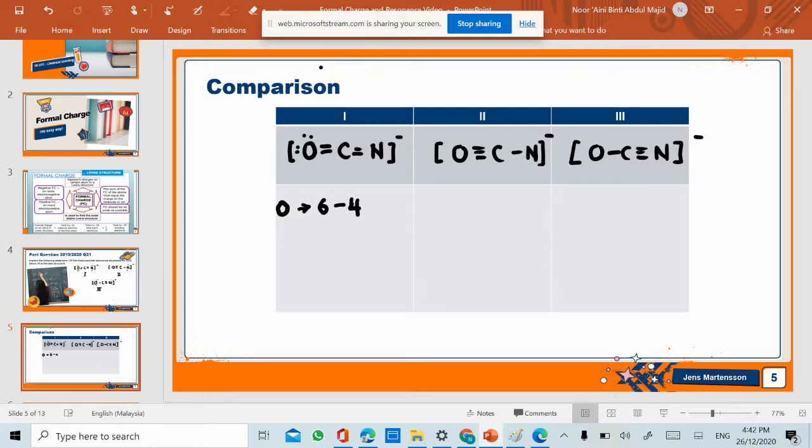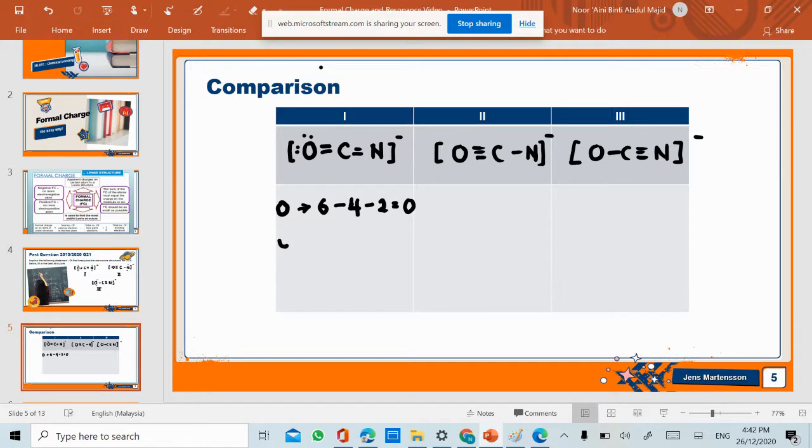And how many bonding electrons? If you refer to the formula, the number of bonding electrons, which is 4 here, must be multiplied by half. So we just refer to the number of dashes, the number of bonds. We have 2 here. That gives us 6 minus 4 minus 2, which equals 0. Exactly. That is the best formal charge.